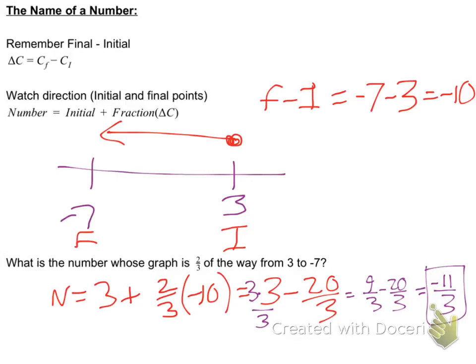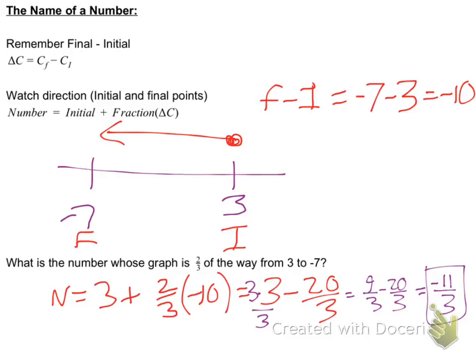Now let's think about this. If the total distance was negative 10, and I start at 3 and I'm going to the left, 2/3 of that whole distance would have to push me into the negative numbers, right? So that should make some sense.